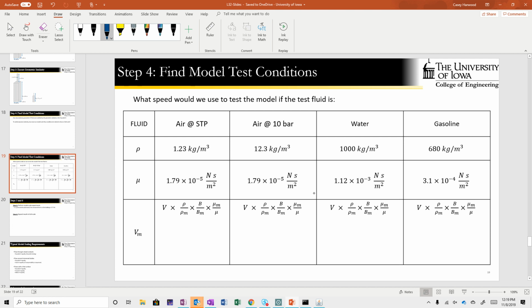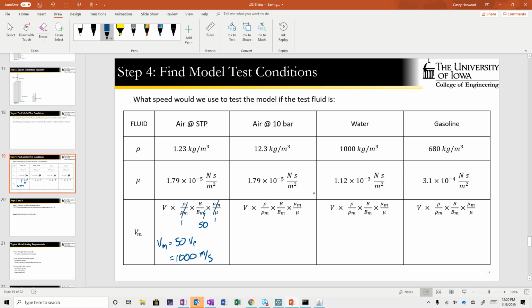So it turns out that for air at standard temperature and pressure, here's our scaling law. We end up with these both going to 1, and this being 50. And so it's saying that model scale velocity has to be 50 times the prototype, 1,000 meters per second.